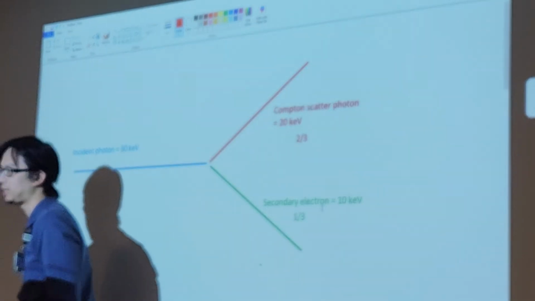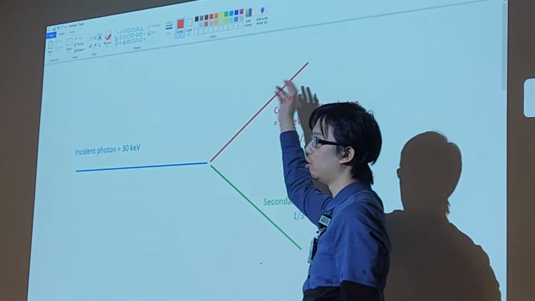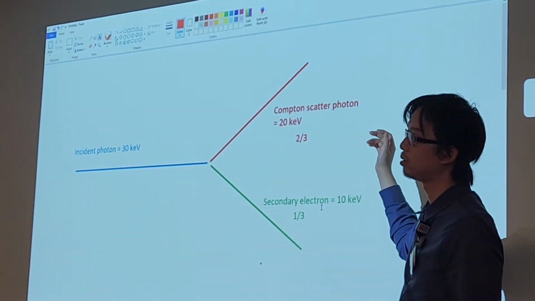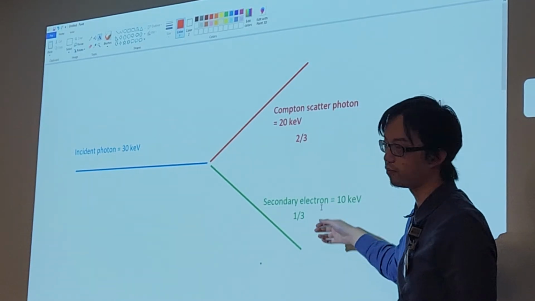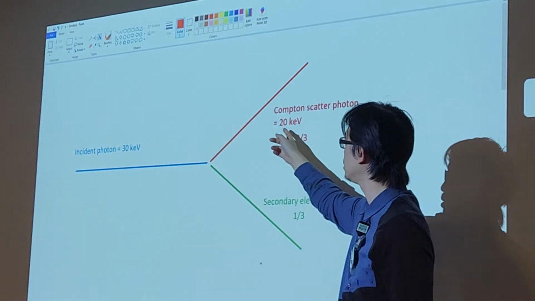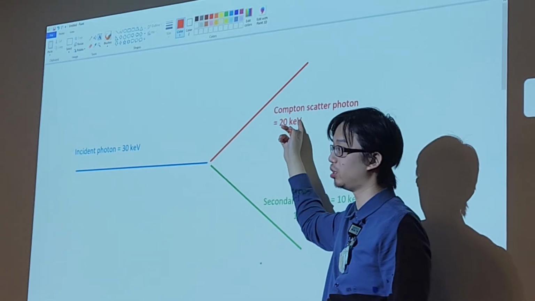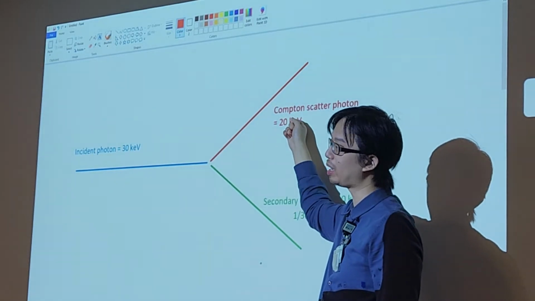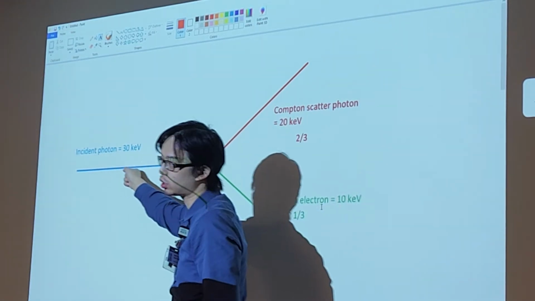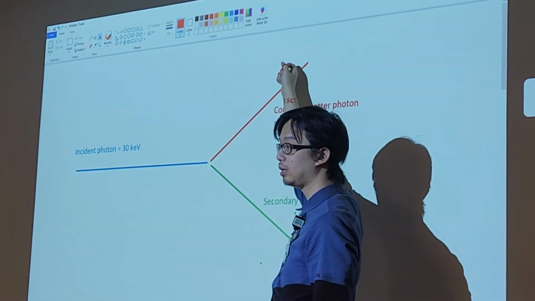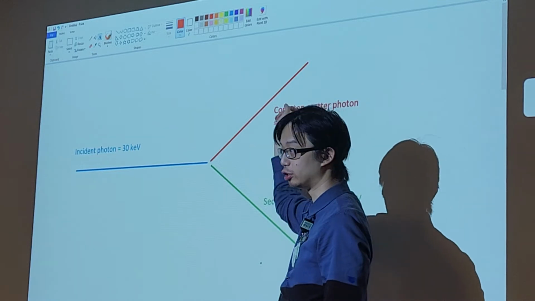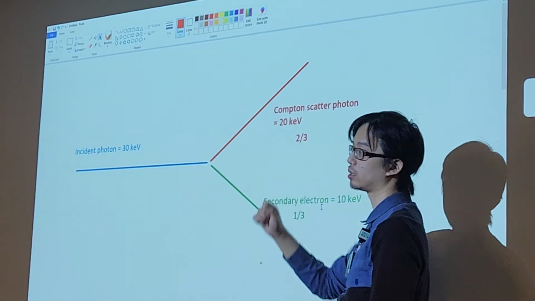Generally speaking, I want you to know this overall interaction. It loses about one third of its energy, so the scatter photon still keeps most of its energy. This is the main thing here. The scatter is high energy, relatively speaking.